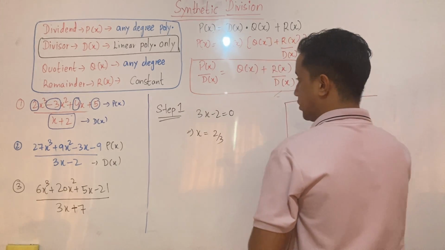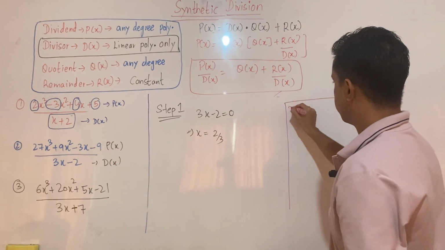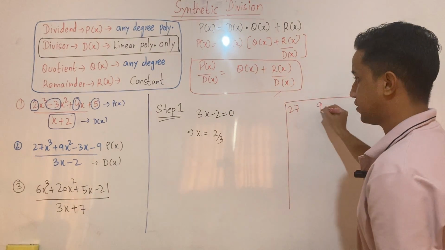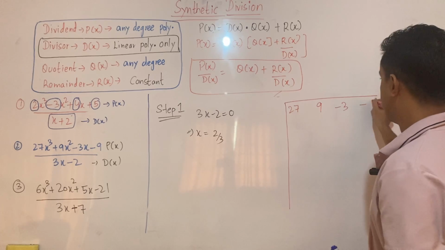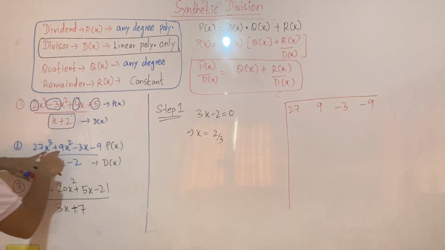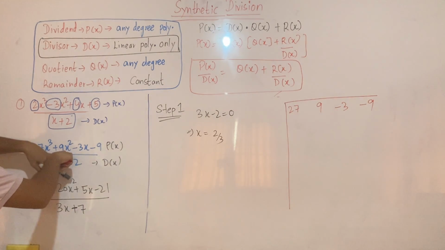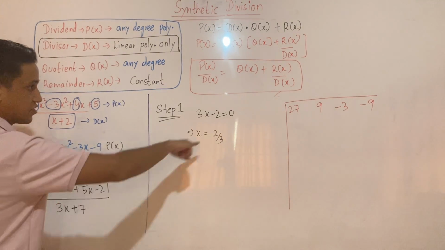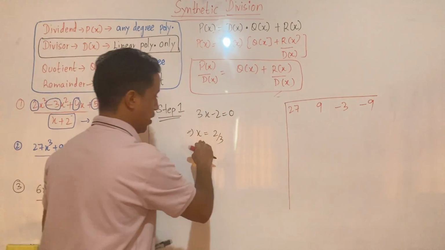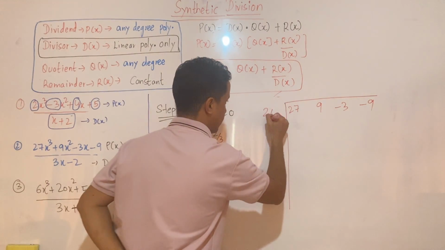Okay, so here write all the coefficients. 27, 9, minus 3, minus 9. See here, 27 comes from here, then the coefficient of the next term 9, then the coefficient of the next term minus 3, minus 9. Okay, and on the left write the value of x, 2 by 3.